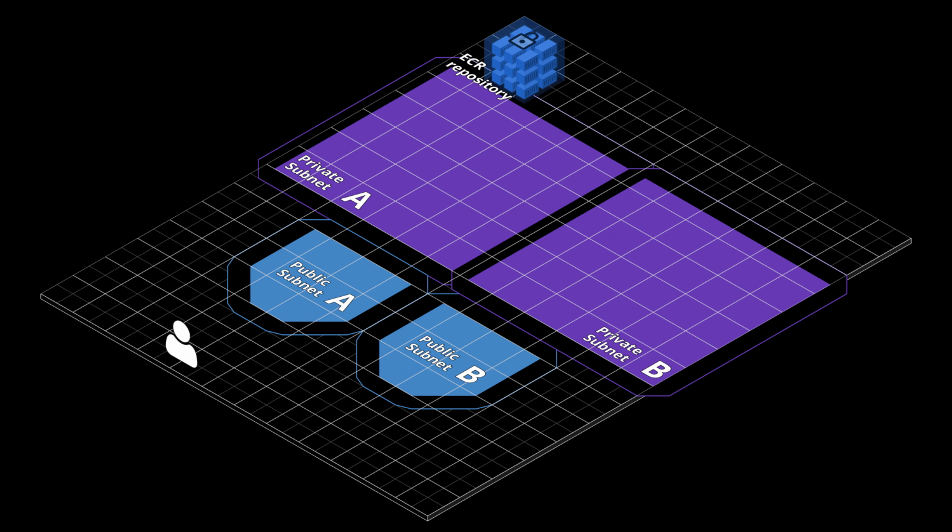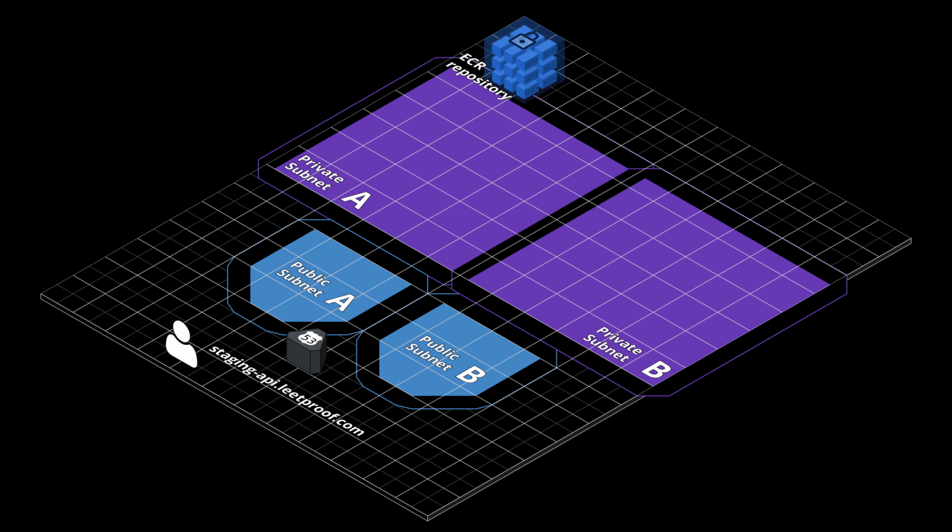So that's where our load balancer is going to go so that it's publicly accessible. And then everything in the private subnet can only receive traffic that's routed to it. It's not publicly accessible, and that's where our Docker containers will be running, because they should only be accessed from the load balancer.